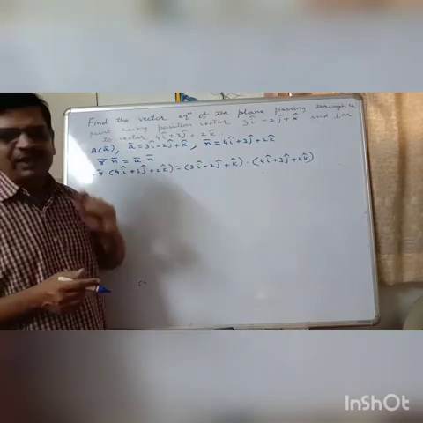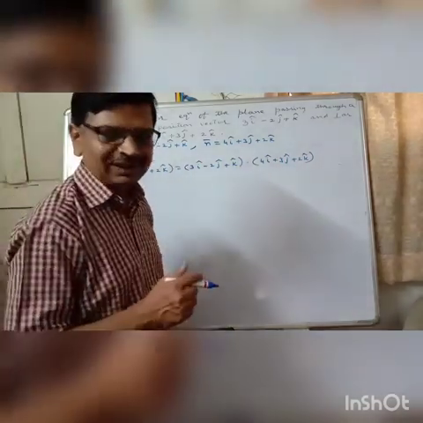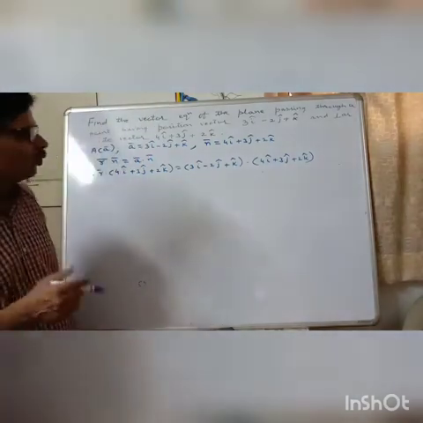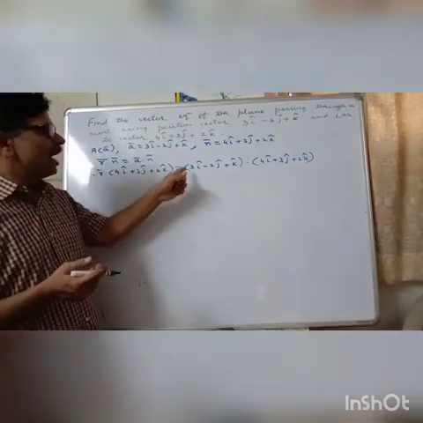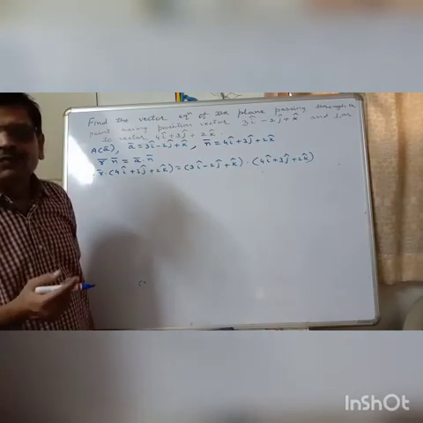Now here both the vectors are expressed in terms of unit vectors i, j, k. To find their dot product, we have to find product of coefficients of i, j, k.